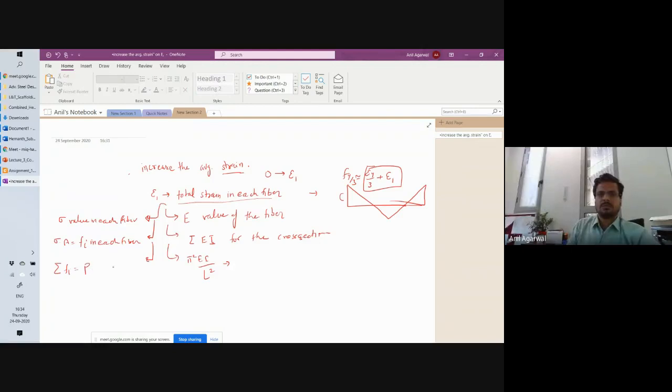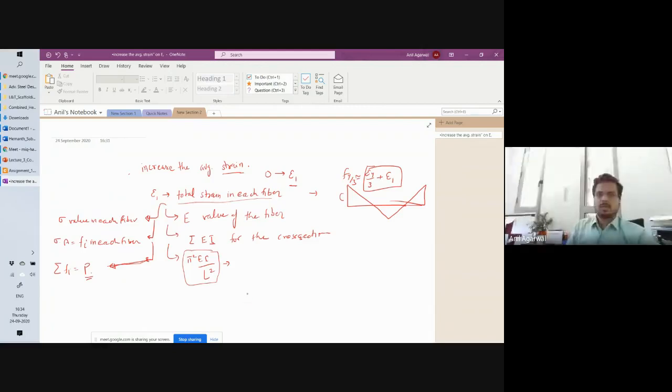From there, you calculate P. This P is the external load that corresponds to this particular strain, and this pi square EI by L square is the load that will make it fail. But now you don't know the L value.